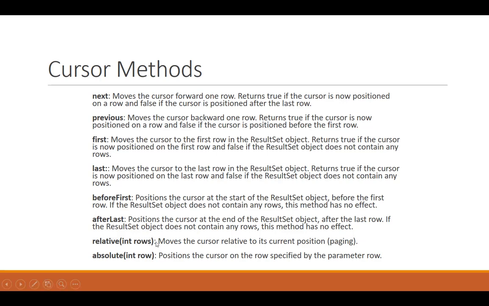Relative with a number of rows would be like move forward 5 rows, move backward 3 rows from wherever your current position is. And absolute, a row, positions the cursor on the row specified by the parameter. So it'd say, go to the third record in this result set would be the absolute. But typically we're going to use next.